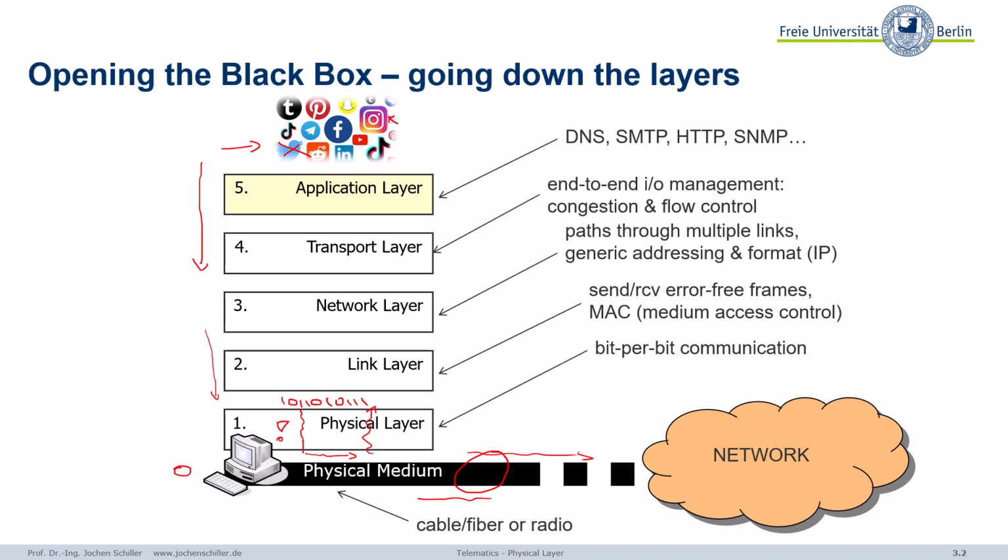And the whole network itself also should be neutral when it comes to different applications. We'll see that sometimes this causes problems. So think of real-time applications, videos, etc. that require certain quality of service from the network.